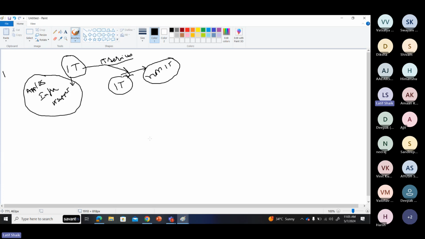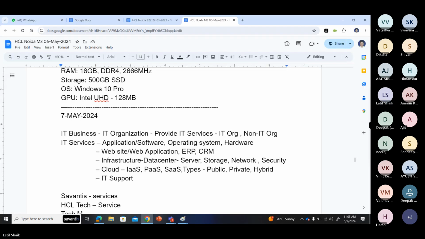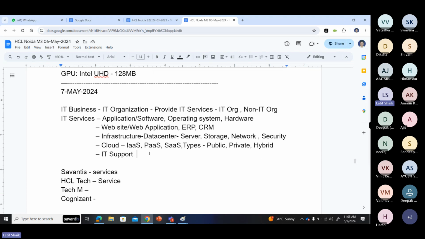We are maintaining their infrastructure from our side. So we give different types of IT support. Here I have written some of the IT services: application, operating system, hardware, websites, web applications, ERPs, CRMs, infrastructure, data centers, servers, storages, network, security related services, cloud related services.